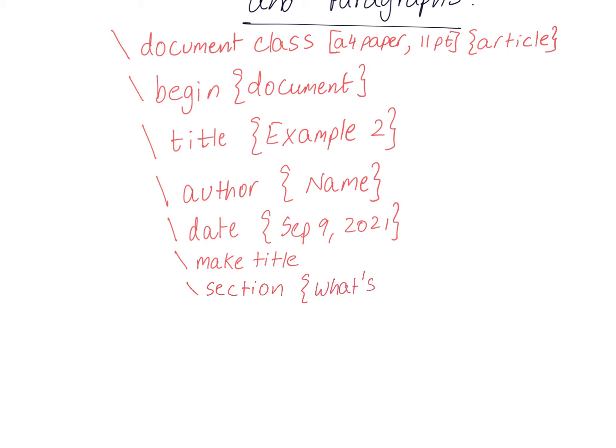You can compile at every point when you write a line, but just make sure that you have the end document. Otherwise, your compilation won't happen. So whenever you write begin document, you can always put end document. So these are your main titles or your sections that will be created. And then what do you want to write in it, right?